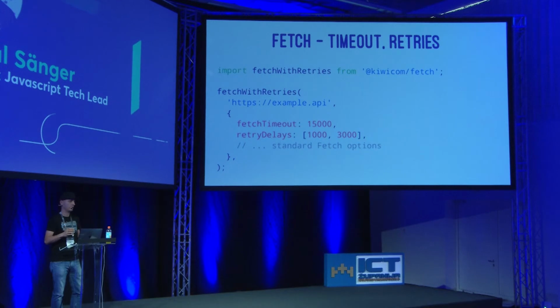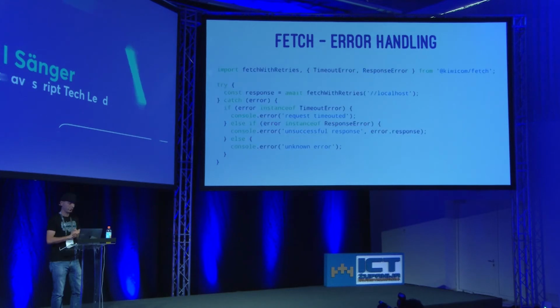And if the backend crashes, we can retry in 1 second and 3 seconds later. Maybe the backend will change its mind. Also, we prepared some handy types for handling the standard errors, so your UI can react better to these standard events.